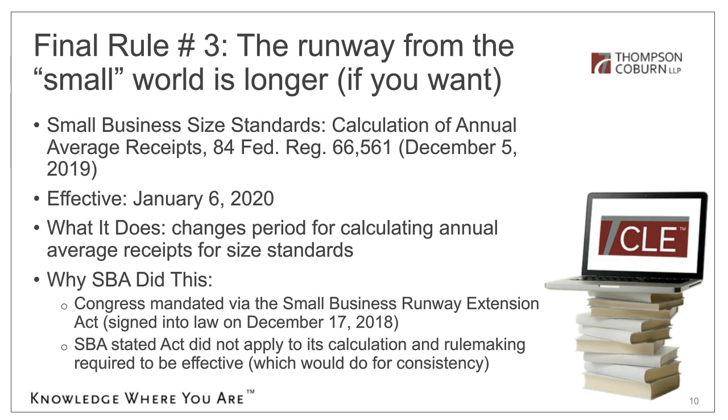So any proposals that were submitted prior to January 6, 2020, the companies had to calculate their average annual receipts based on a 3-year standard. Even if SBA is looking at a proposal next week, they're going to look at the date that the certification was made, which would have been probably weeks before that. And that means that this is not a retroactive rule. It applies only effective January 6th.